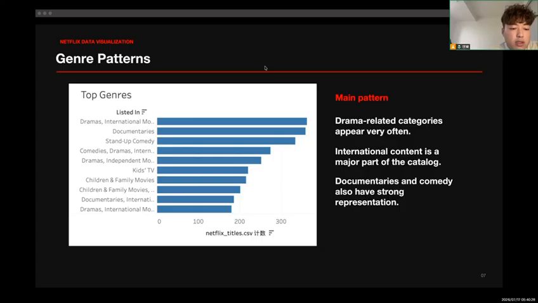This suggests that Netflix provides a wide variety of content, but drama remains the platform's strongest category. Overall, this dashboard answers the second research question. Netflix is a global platform, but most of its content comes from a few major production countries.